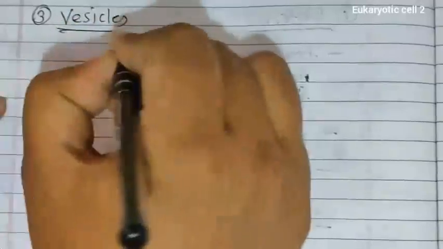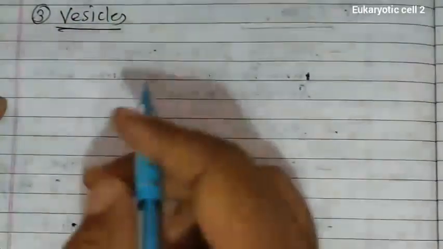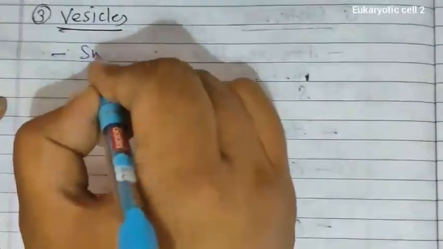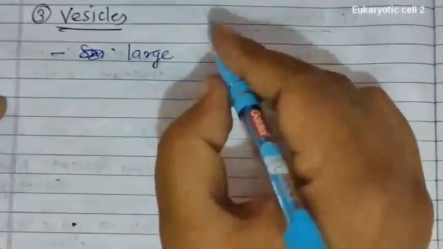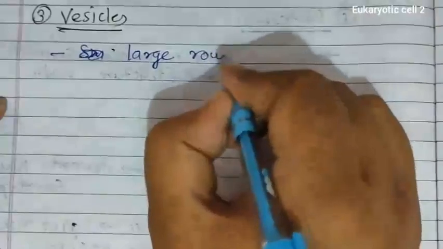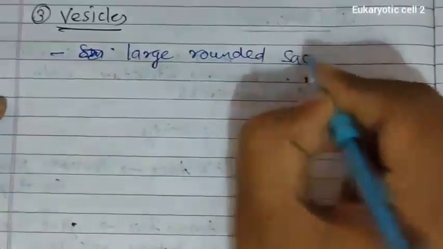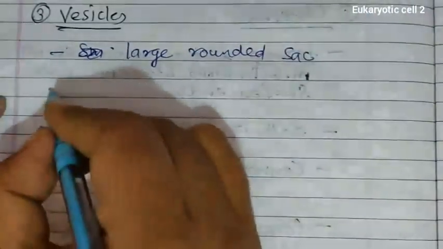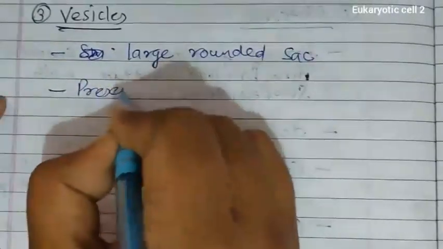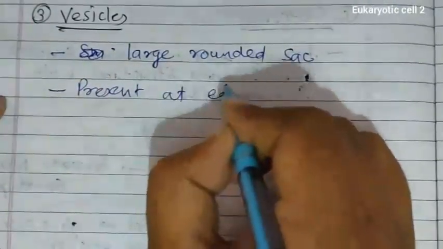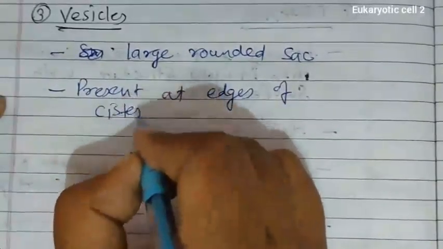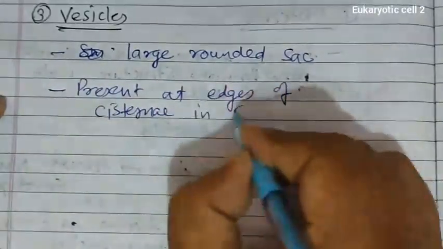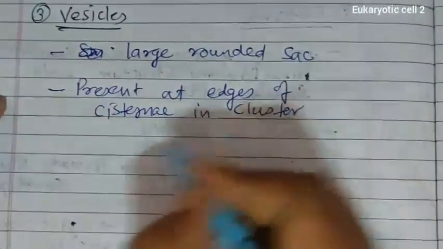Third is vesicles. Now vesicles are large, rounded, sac-like structures. They are present at the edges of cisternae in clusters.